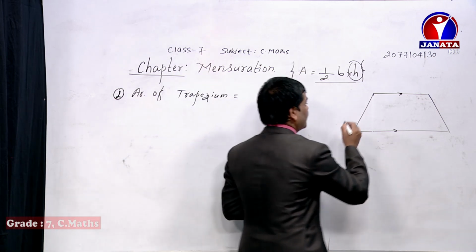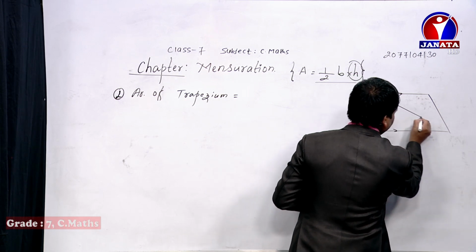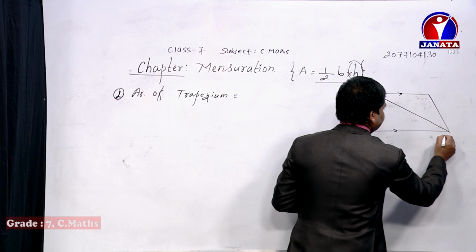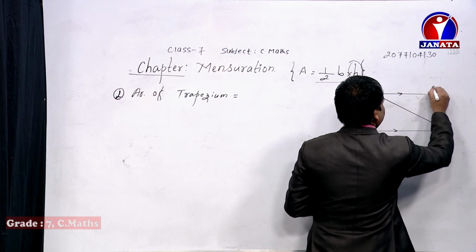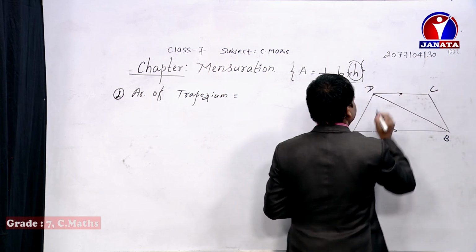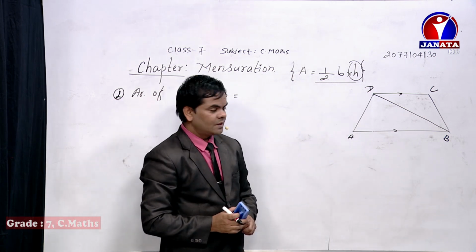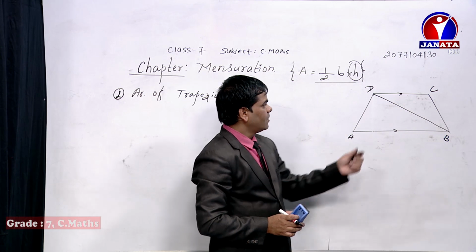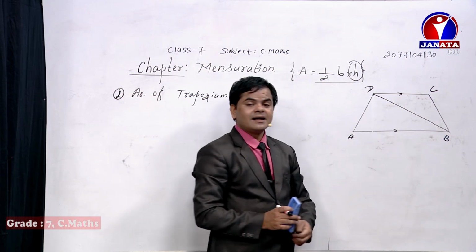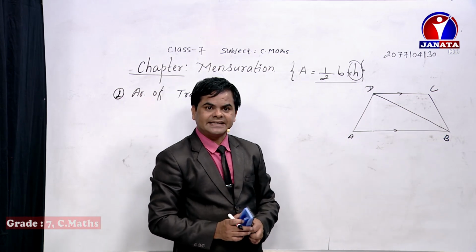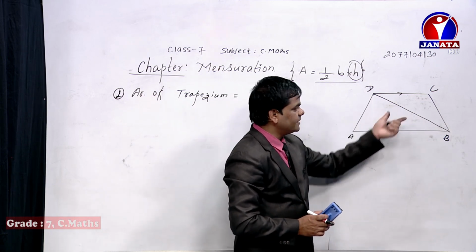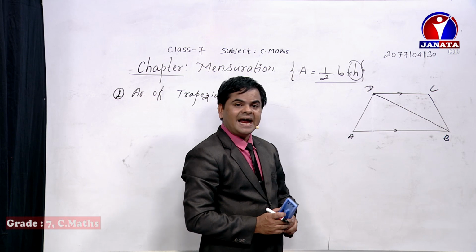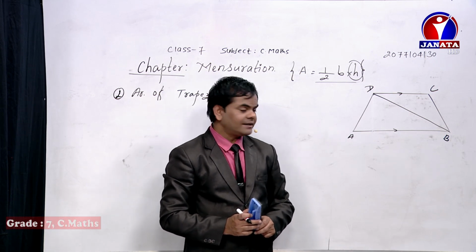So I am going to join this diagonal. I have joined the diagonal and I am going to keep the name of this trapezium as ABCD. ABCD is a trapezium where AB and CD are parallel to each other, and as a diagonal you can join either BD or AC, but I have joined the diagonal BD. The points B and D are joined by a straight line.